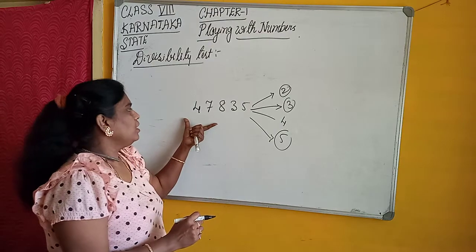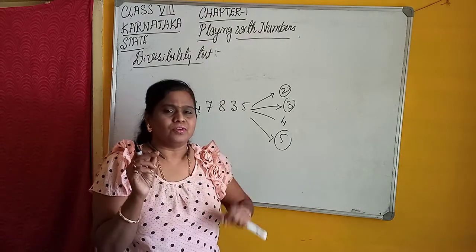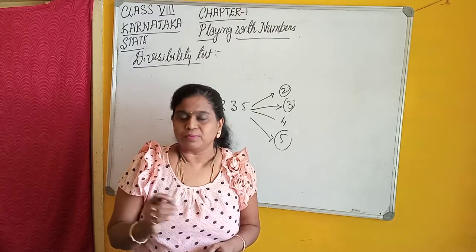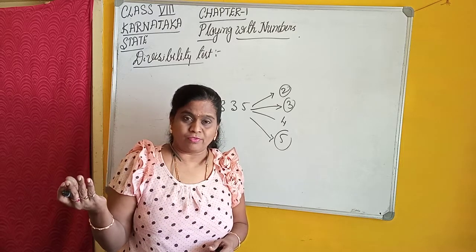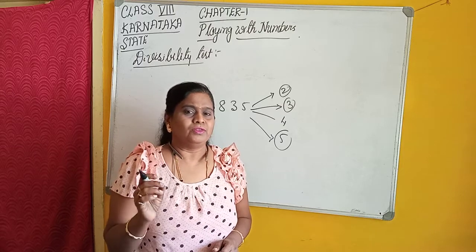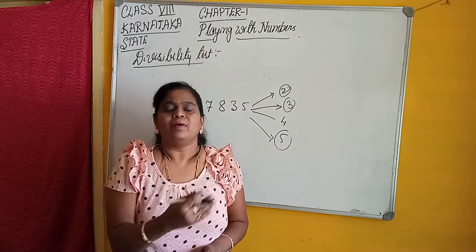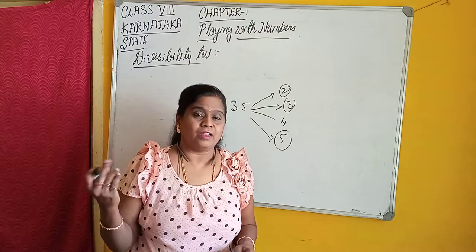If you remember those concepts, you can easily identify whether the given number is divisible by 2, or 3, or 4. For every number, there is a small rule to identify whether the given number is divisible by 2, 3, 4, 5, 6, 9 and 10.